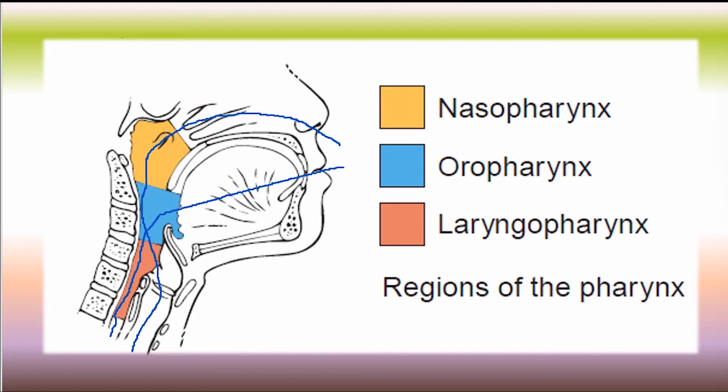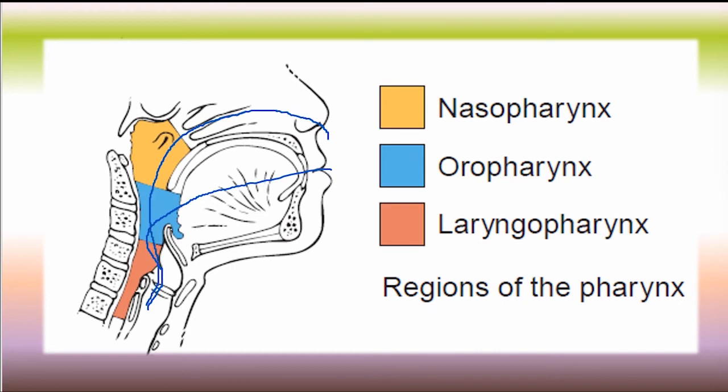So we can think about how this works. Why does food not go to the trachea? Why does the air usually go to the trachea?